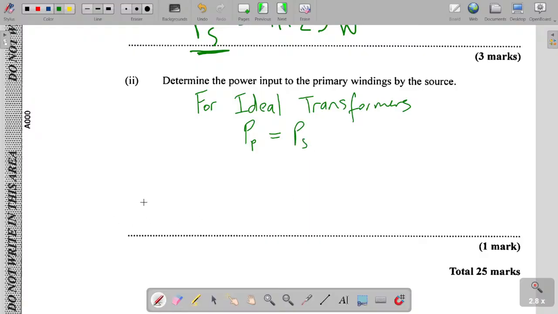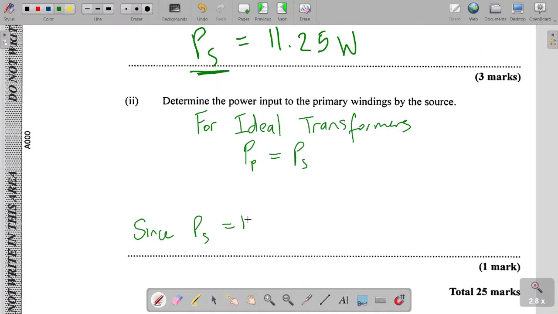Therefore, since the power in the secondary coil is equal to 11.25 watts, then the power in the primary coil must be the same, because the power or the energy must be conserved.